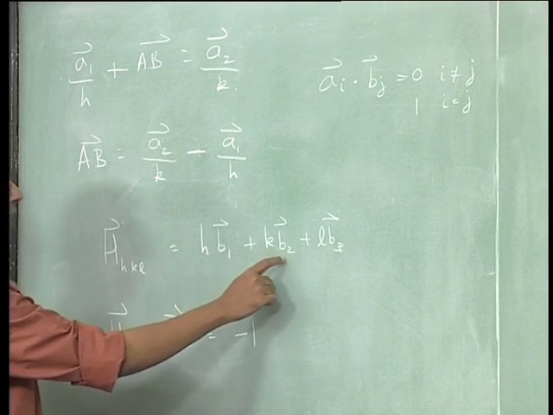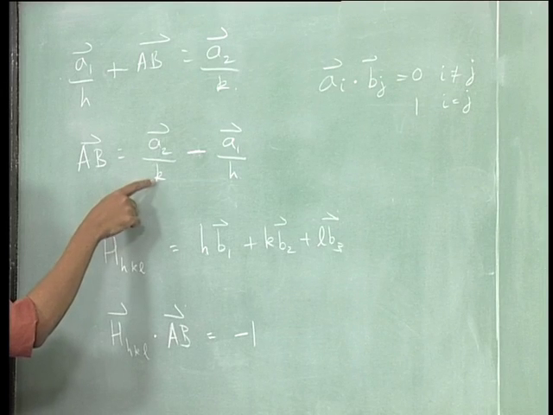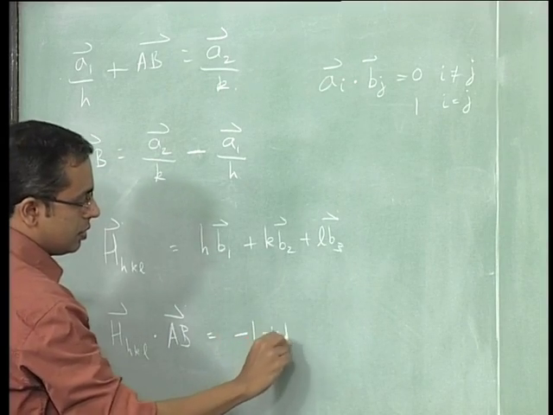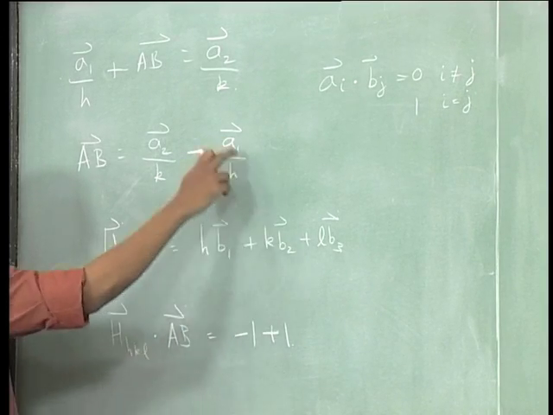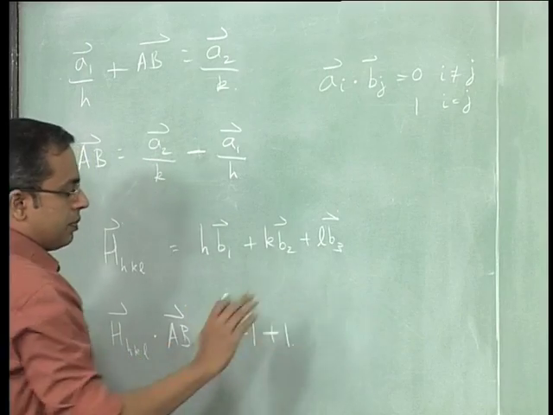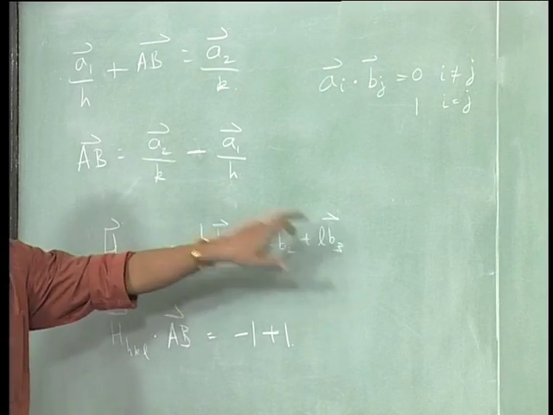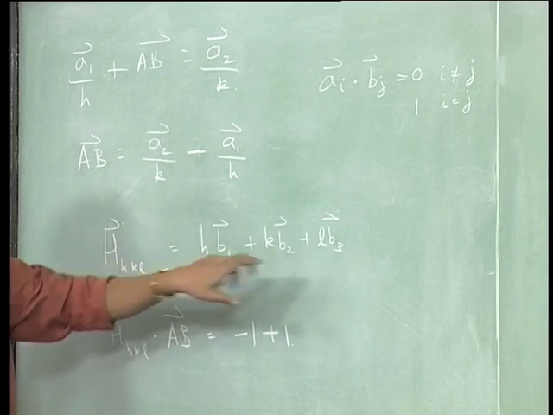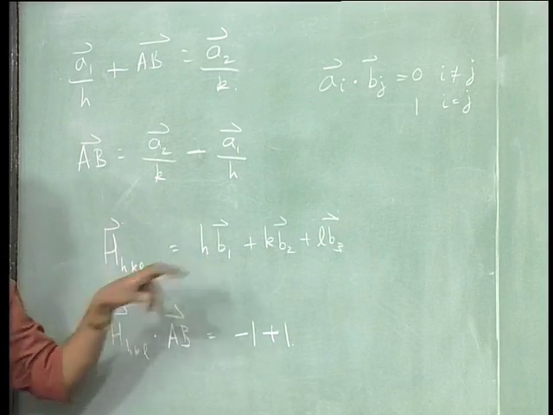If you take B2 here, KB2 times A2 by K, the K and K will cancel, you will have the dot product of B2 and A2 which is 1, plus 1. And B2 dot A1 is going to be 0 because it is a subscript 2 and that is a subscript 1, we already saw that by definition, so that is a plus 0, so that term will become 0. And then B3 dot A2 is going to be 0, B3 dot A1 is going to be 0, so this term does not contribute in any way, it becomes all 0. So the dot product with this gives us a plus 1, the dot product with this gives us a minus 1. So this is equal to 0.